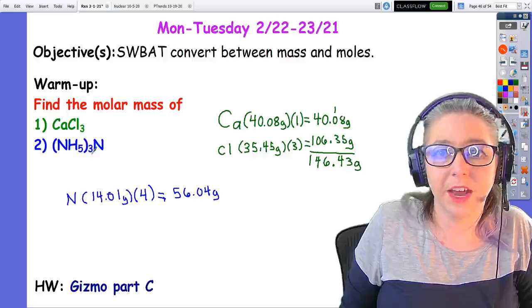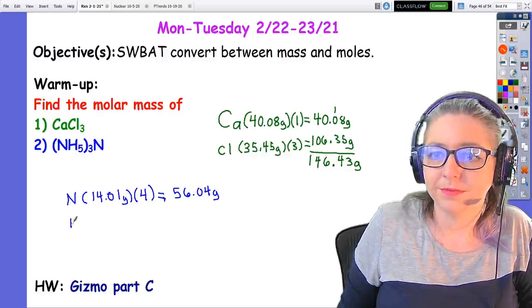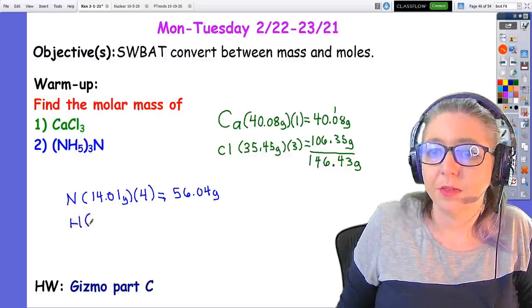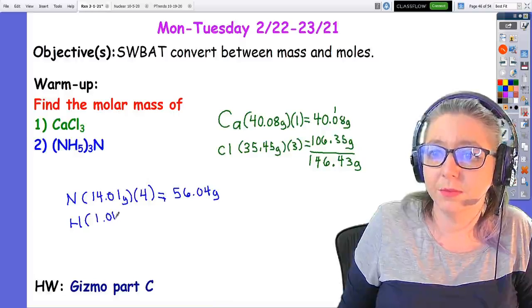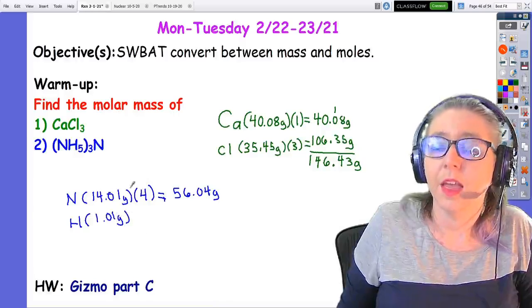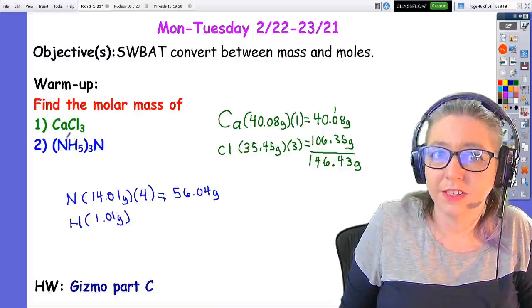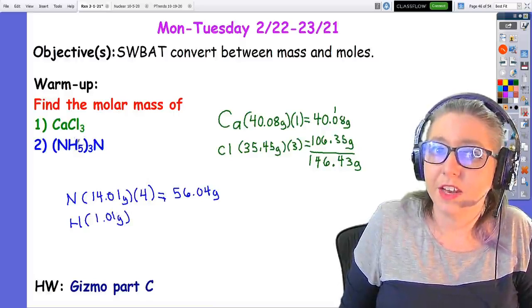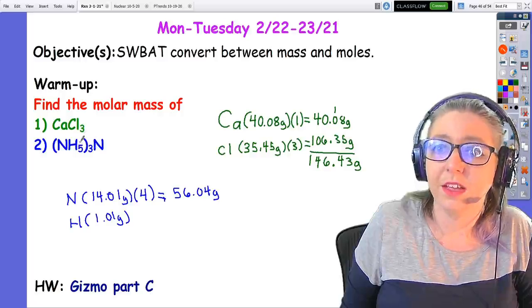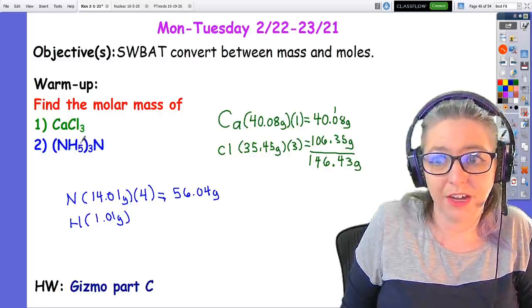Then my next element is hydrogen. If I look up the molar mass of my hydrogen, it is 1.01 grams. And then I have 5 hydrogens here in NH5, and I have NH5 3 times, so 3 times 5 gives me a total of 15 atoms.